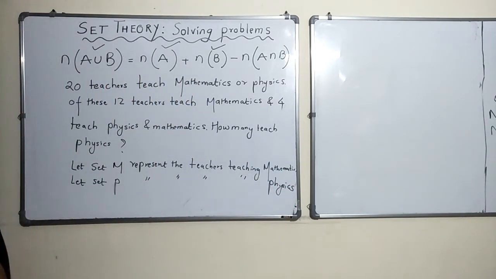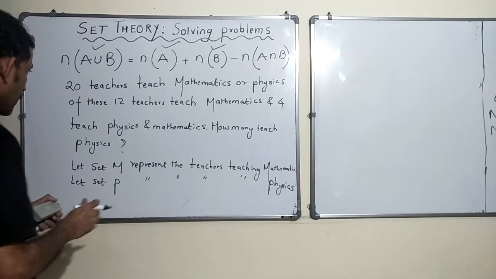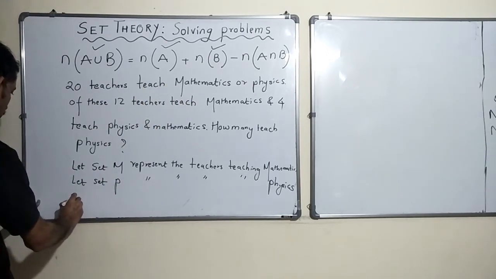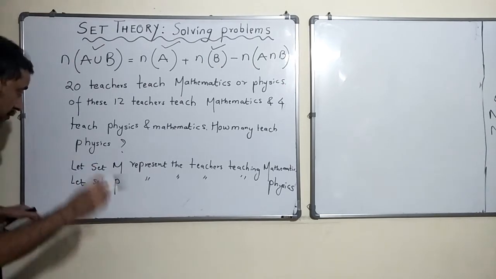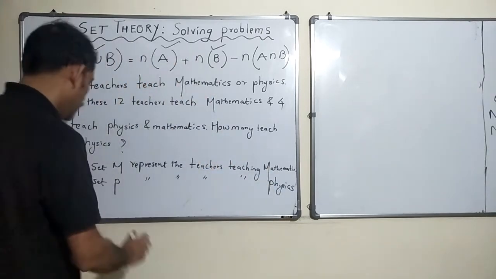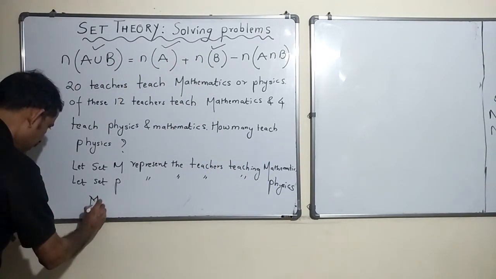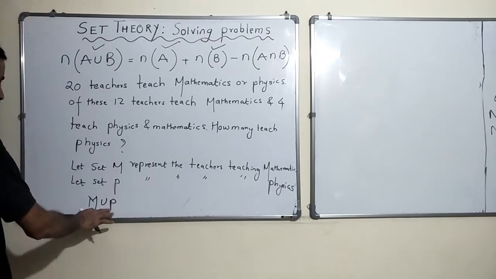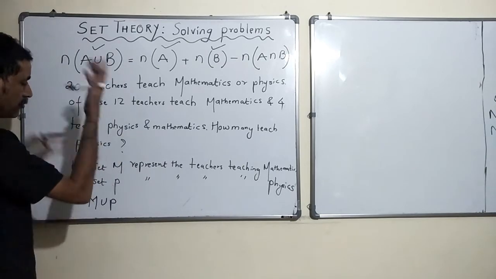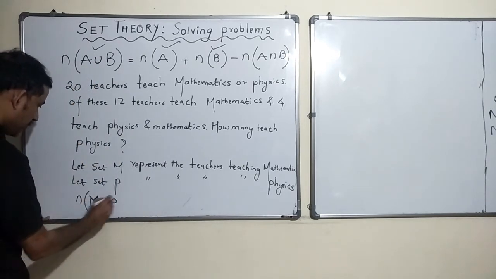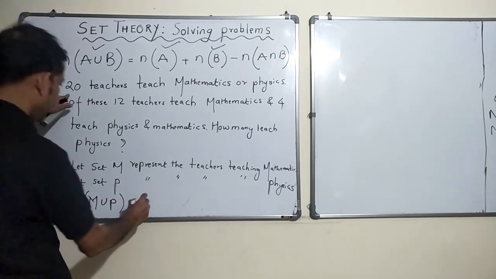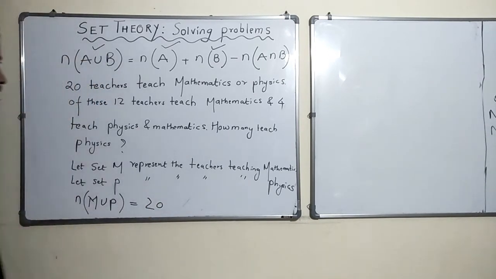Now, the set representing the teachers teaching mathematics or physics or both would be M union P. M union P is a set which represents the teachers teaching maths or physics or both, and the number of teachers in this particular set is 20, which is given.